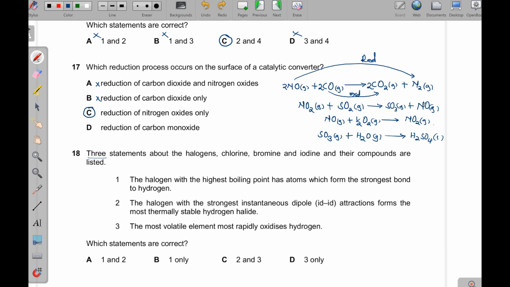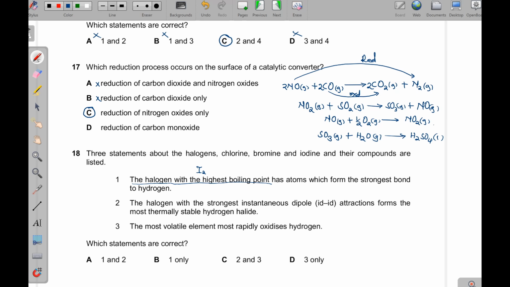Question 18. Three statements about the halogens chlorine, bromine, and iodine and their compounds are listed. Then 1, we are having the halogen with the highest boiling point. With the highest boiling point is going to be what? Iodine. Why? Because going down the group, the number of electrons increases.